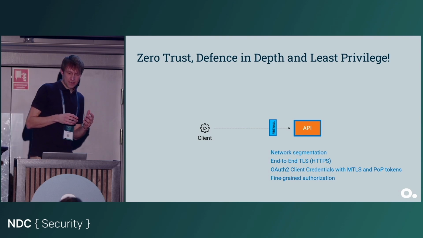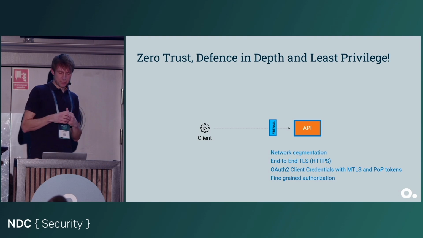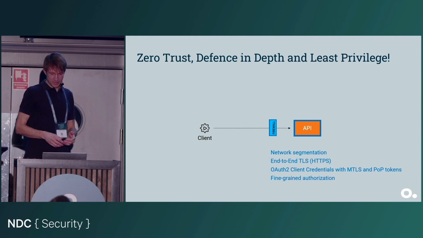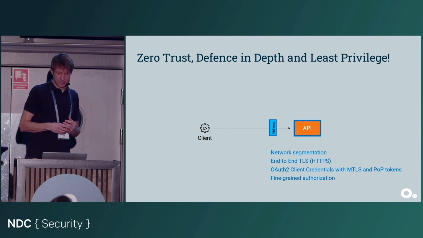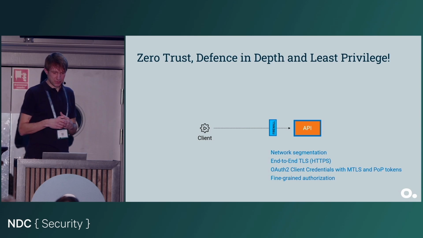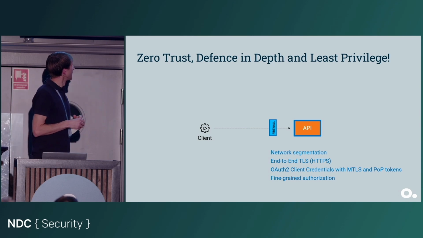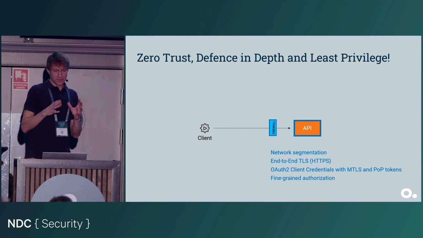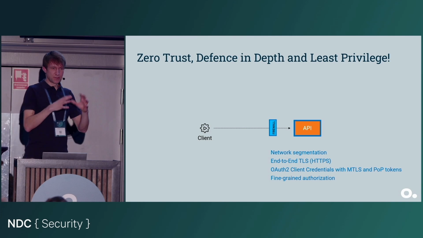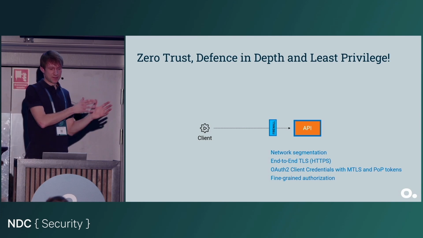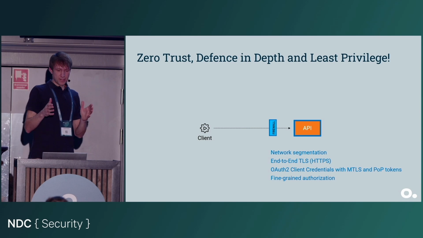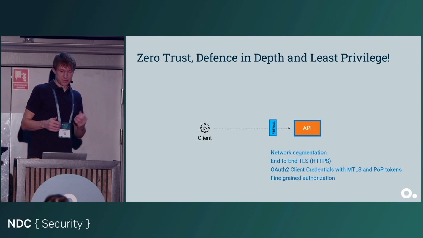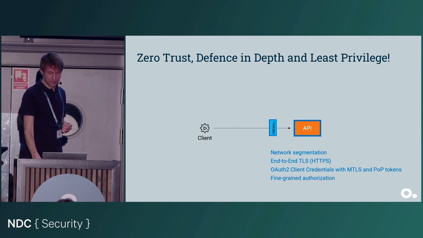And we are using mutual TLS and proof of possession tokens, and we have the fine-grained authorization. So it's a pretty strong solution. And I just want to indicate with the blue border here that it's important that we also evaluate and authenticate the request at the resource server. So we don't terminate that in a gateway, because then we might have a misconfiguration issue or something like that. So it's a strong solution all the way.